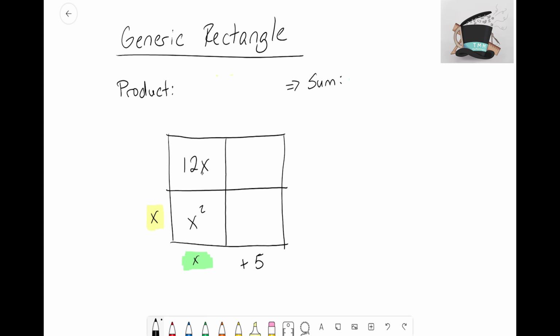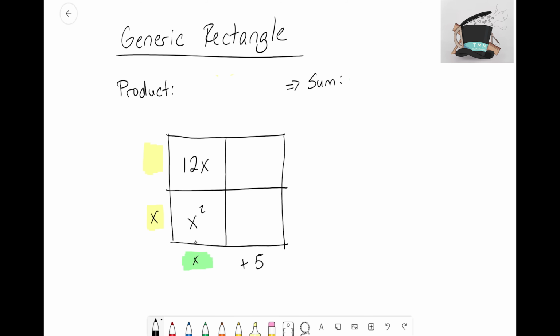Now, because I know up here this is 12x, and I know I multiplied x by something to get 12x, we now have to think about what I am going to multiply by x on this side here to get 12x inside.